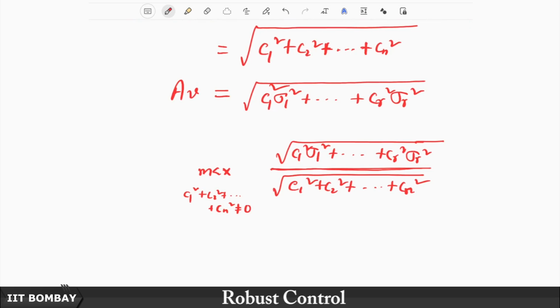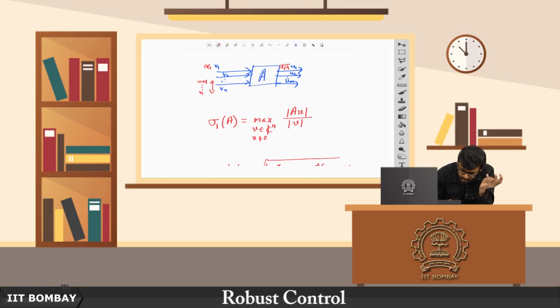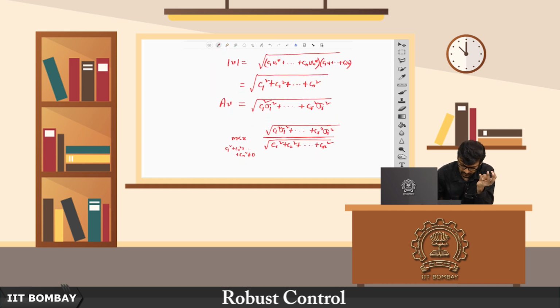What can you play around with? The choices of C1 through Cn. That is going to give you the vector that you are choosing, because the moment you fix C1 through Cn, you have essentially fixed this vector V in the input space, which maximizes the amplification factor, the gain.